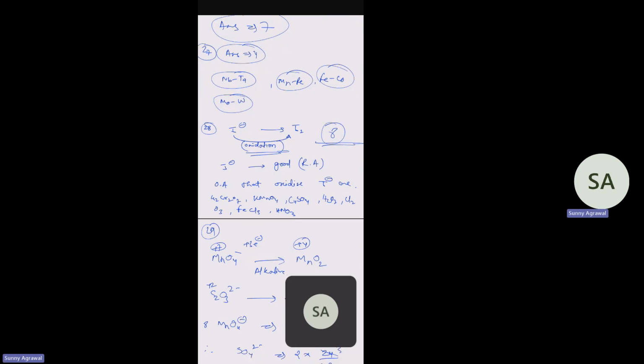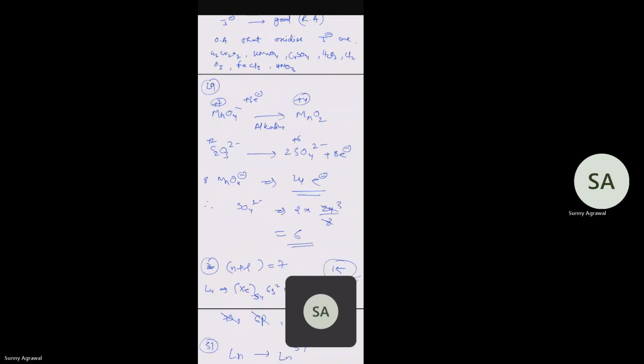Question number 29. In neutral or faintly alkaline solution, 8 moles of permanganate ions quantitatively oxidize thiosulfate to produce X moles of a sulfur containing product. We have to identify the value of X. We can easily see the solution is faintly alkaline. So Mn in plus 7 will go to plus 4 oxidation state. The change of electrons is 3.